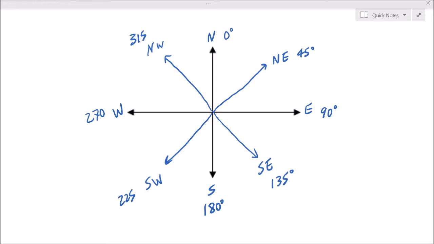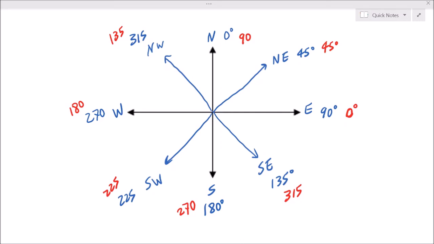And then in terms of our previous system, the normal mathematics way of describing angles, we've got east is 0 degrees, due east, and then going counterclockwise, northeast would be 45 degrees, north would be 90, northwest 135, and so on. 180, 225, 270, 315, and then back all the way around.